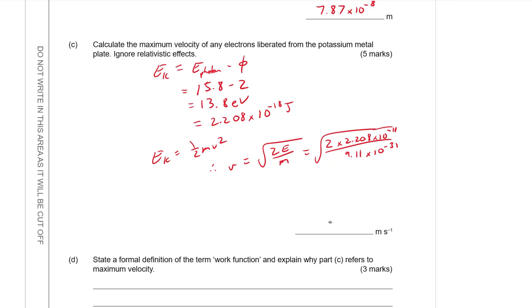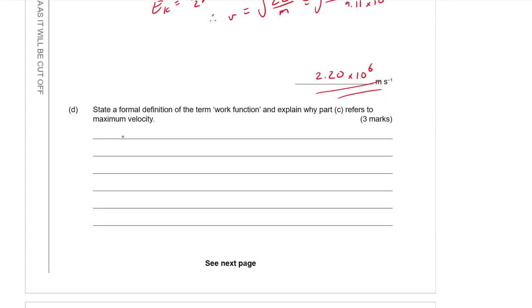And what you should end up with is 2.20 times 10 to the 6 meters per second. And there we go.